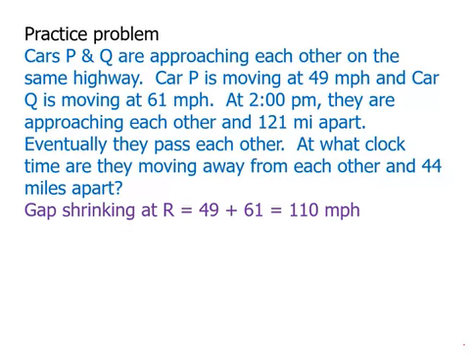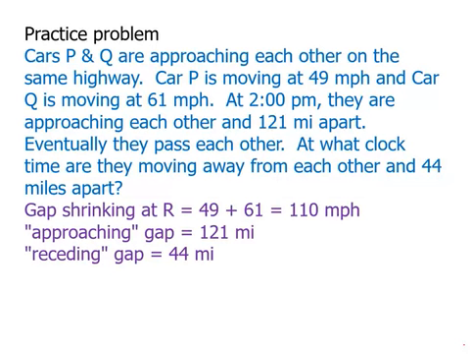So the gap is shrinking at the sum of their velocities. 49 plus 61 is 110 miles an hour. So that's the speed at which the gap is shrinking when they're moving toward each other. And then it's expanding at that speed once they pass each other.